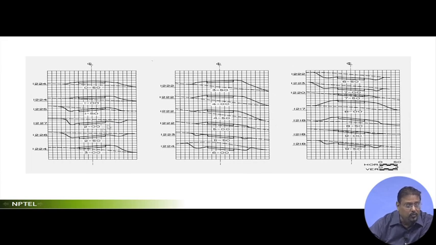Now, if you take these 4 into consideration, you have to find out the amount of area that got cut over here, how much got filled here, and how much got cut here. If you take the distance from this point to this point, this much got filled and this much got cut.